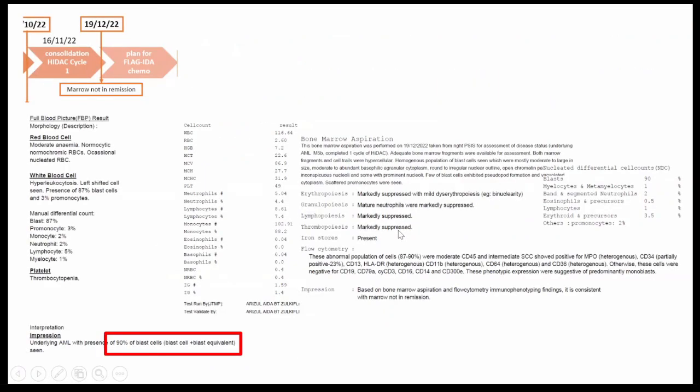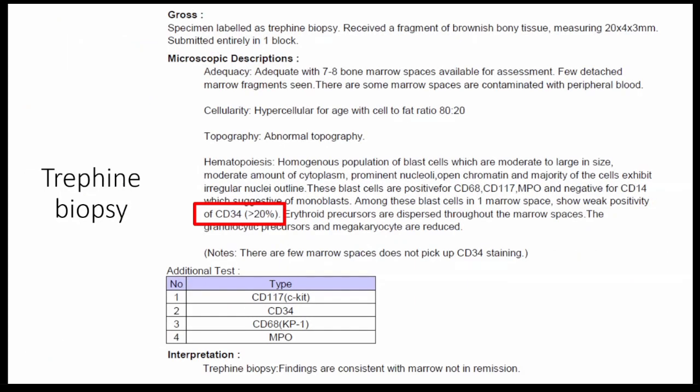However, after completed consolidation, the patient came again, showing 90% blast and blast equivalent on the blood film, and similarly on the bone marrow aspirate, where this finding is consistent with marrow not in remission. So mainly for this case, our assessment of remission dilemma is how are we going to assess remission in a case of CD34 and CD117 negative blast cells.